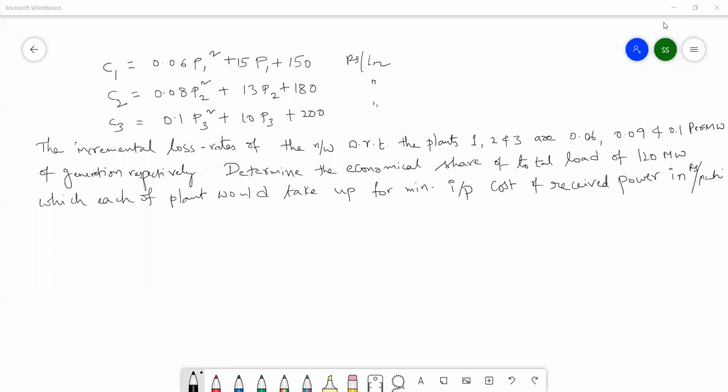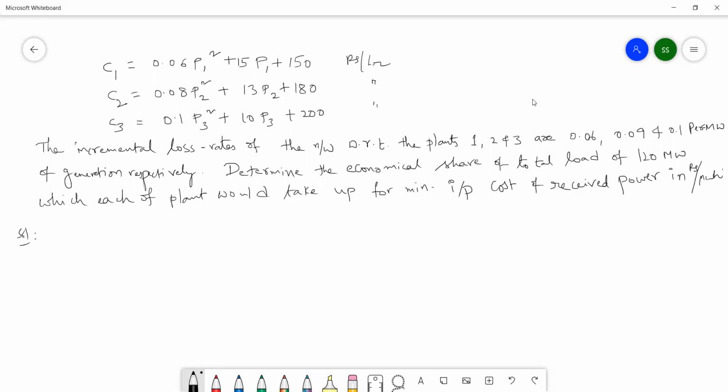Here there is no question of penalty factor. It's like the first half of your unit 3. I will give the procedure, you try to solve it.